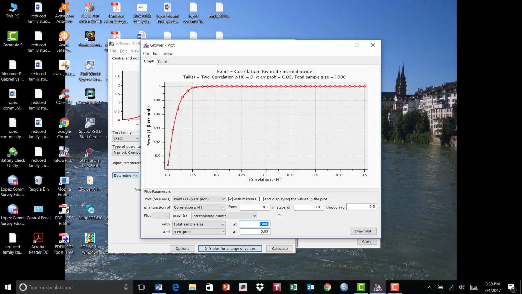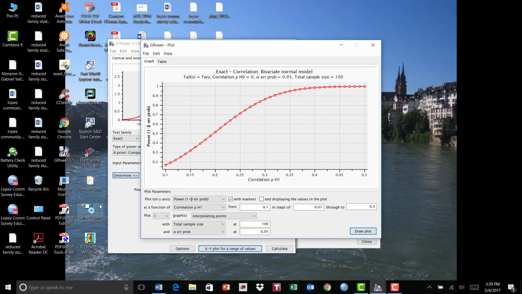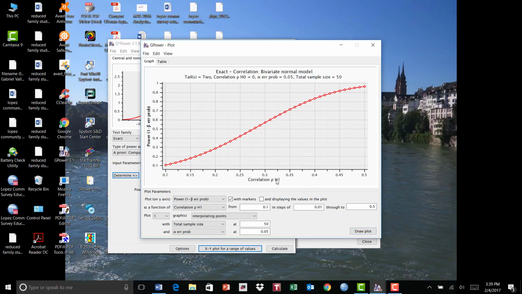So typically you would look at what past research had done. You would see what's a reasonable amount of data for you to collect. And then you'd say, well, if I could only collect data from 50 people, what's reasonable to expect in terms of finding relationships if they exist?